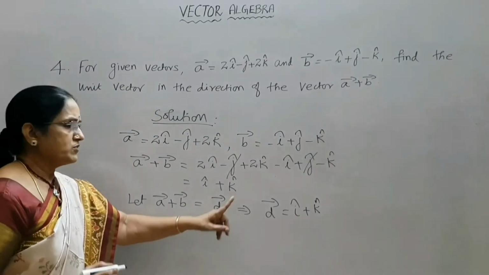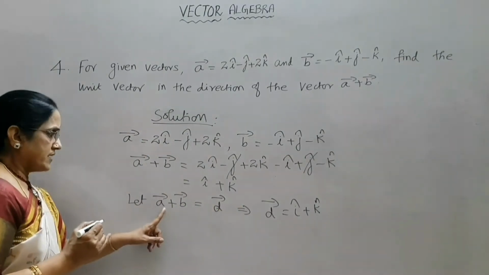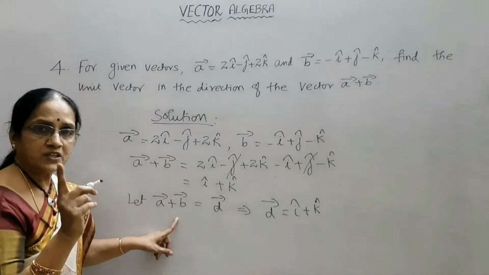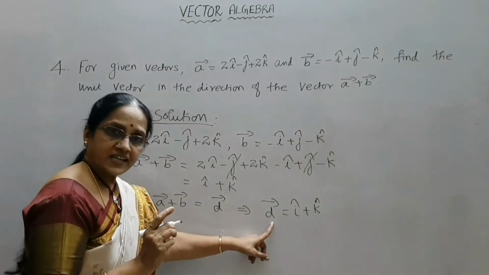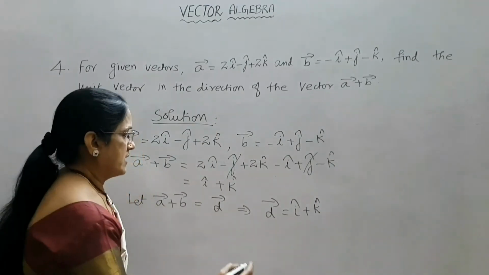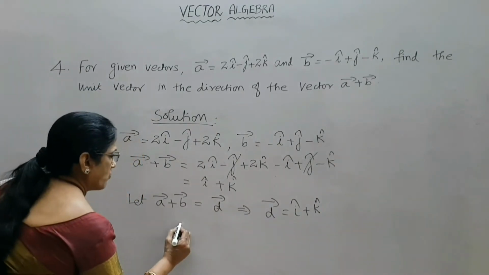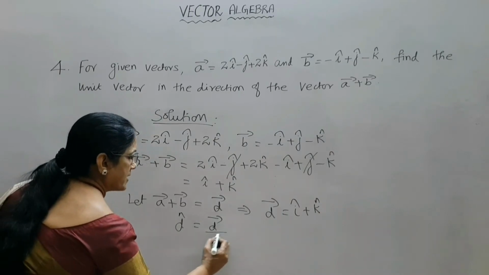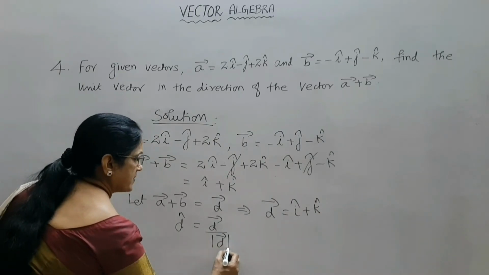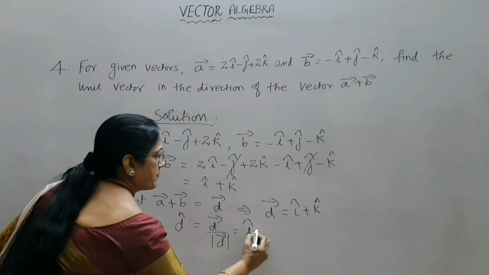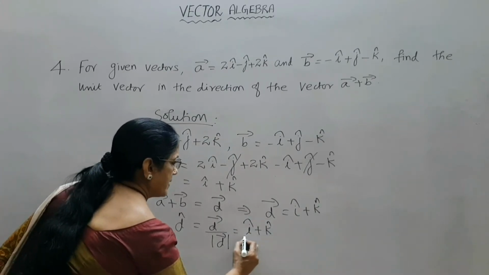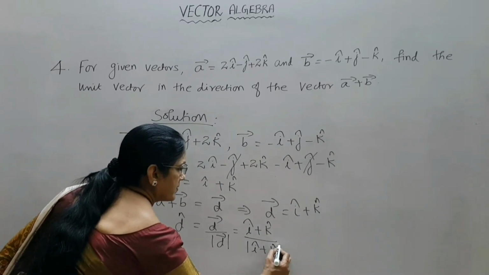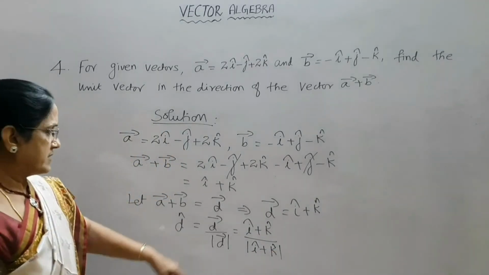You need to find the unit vector along a vector plus b vector. That means you need to find the unit vector along d vector, or in other words, you need to find d cap. d cap is d vector by mod d vector, which is i cap plus k cap by mod i cap plus k cap. So let us simplify this.